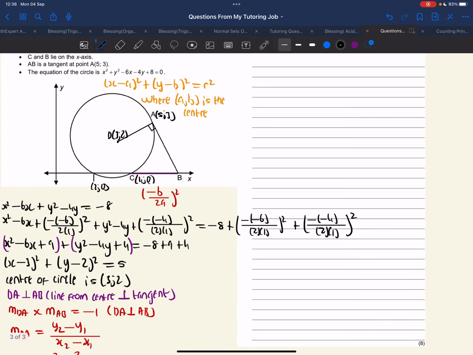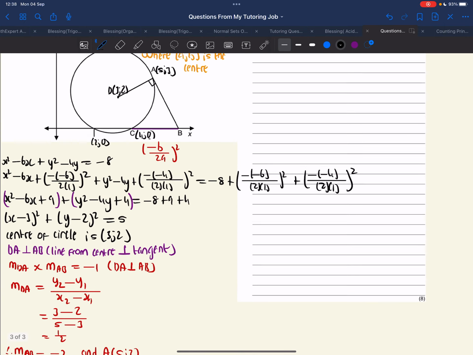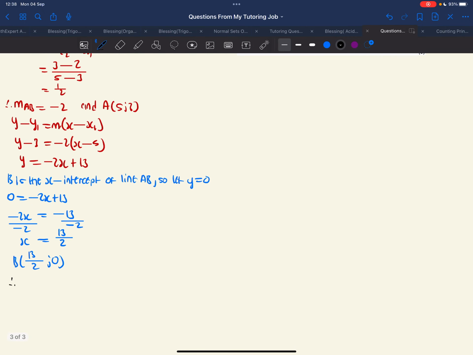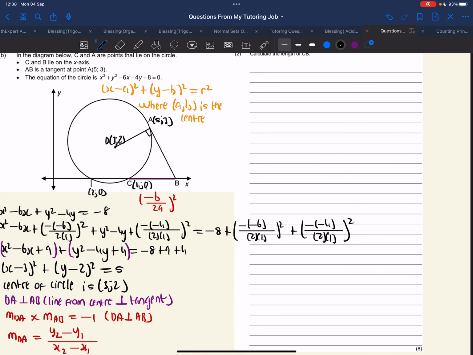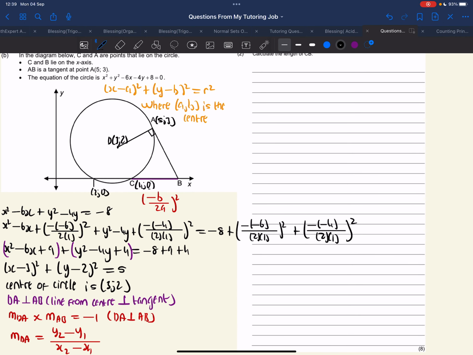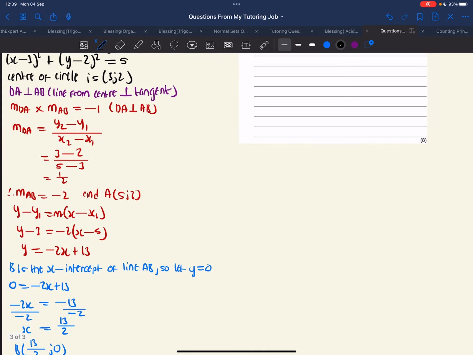Now after doing all of that, I can say therefore, they wanted us to find CB, right? So CB is going to be equal to x2 minus x1, because finding the length of CB, we don't need to use the distance formula, seeing that both of them have y coordinates of 0, so we can just say x2 minus x1.